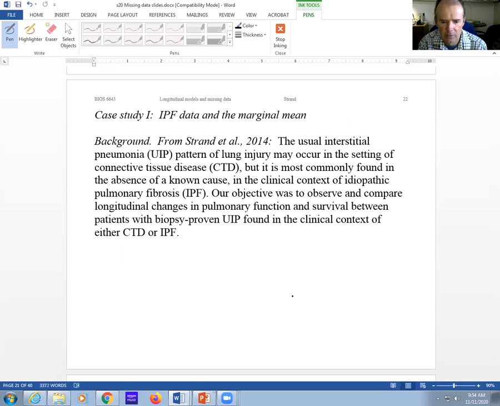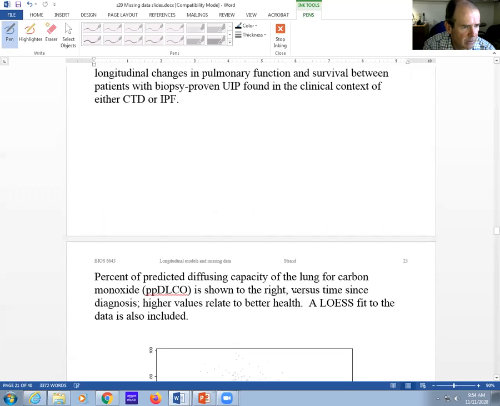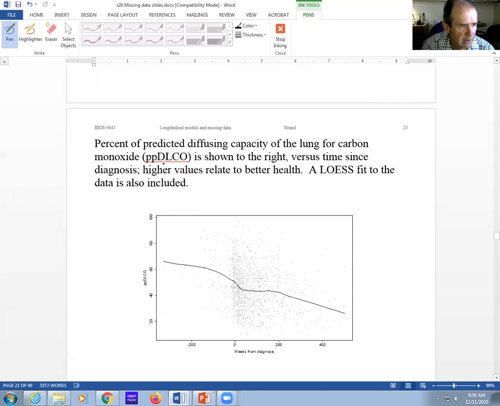So we're looking at over time how their lung function is changing. Another outcome measure that we look at is DLCO, percent of predicted diffusing capacity of the lung for carbon monoxide.